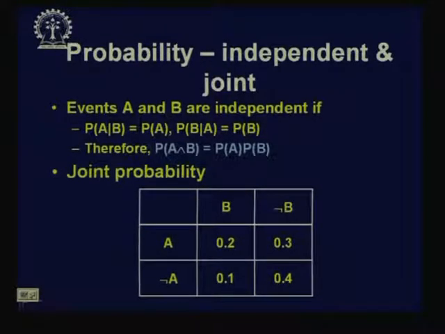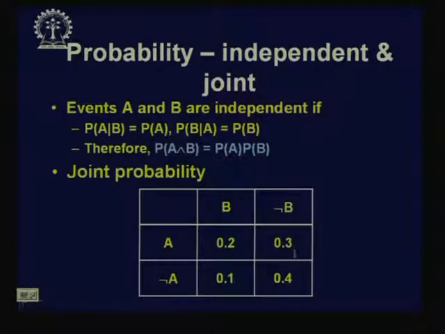In terms of conditional probability, if A and B are independent, then the probability of A given B will be the same as the probability of A, and the probability of B given A will be the probability of B itself, because they are independent. Therefore, in case of independent events, the joint probability P(A and B) is P(A) times P(B).